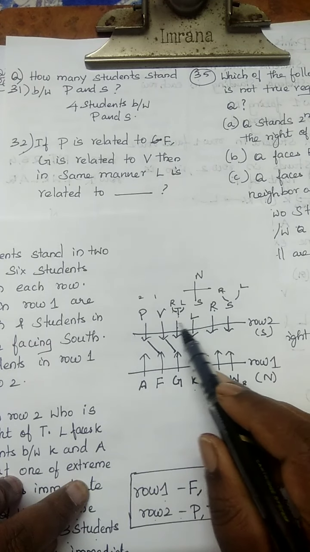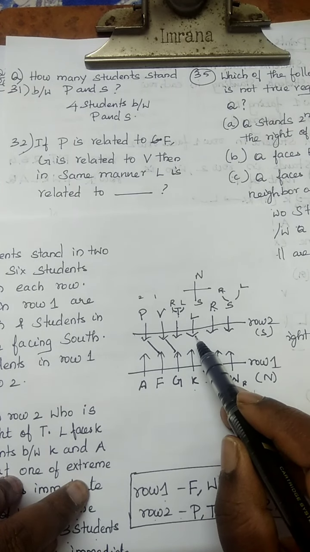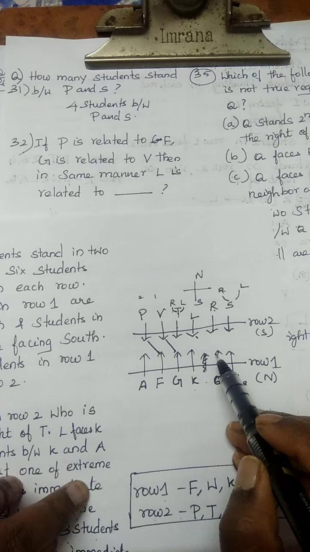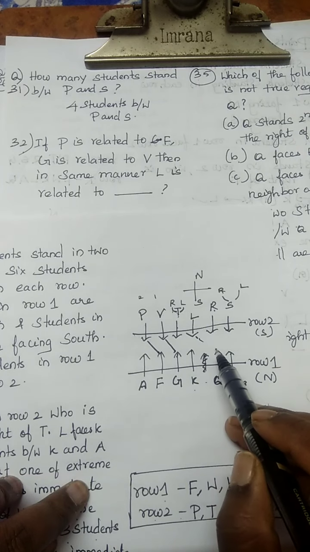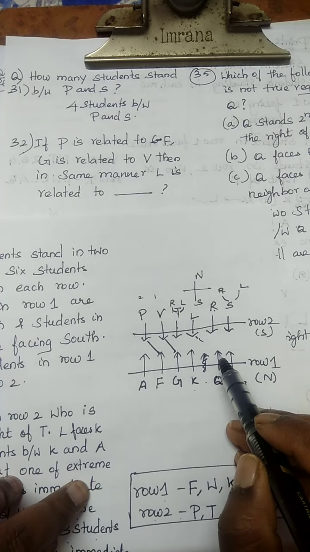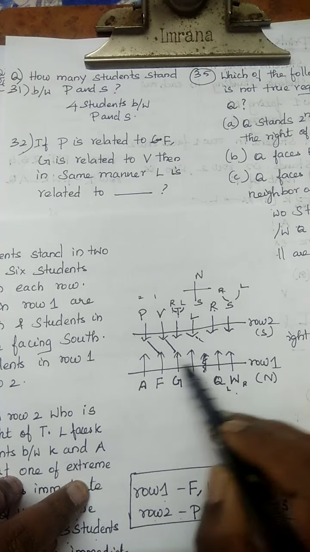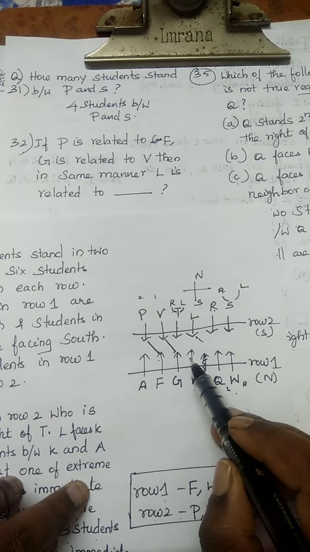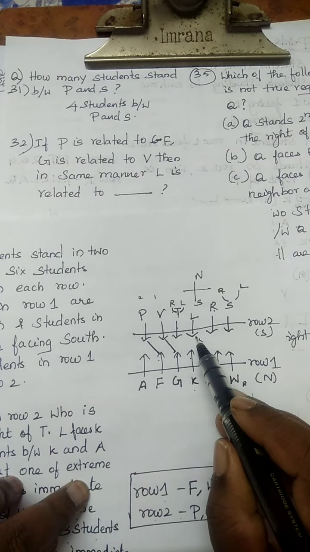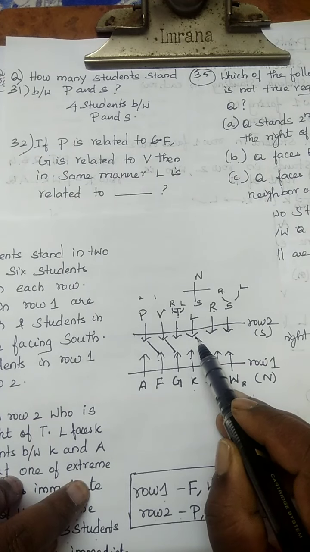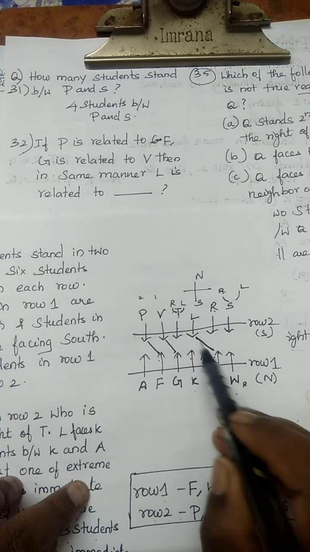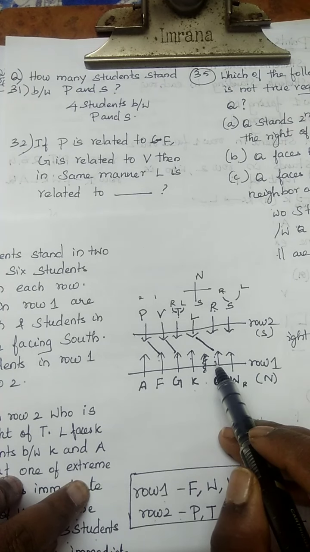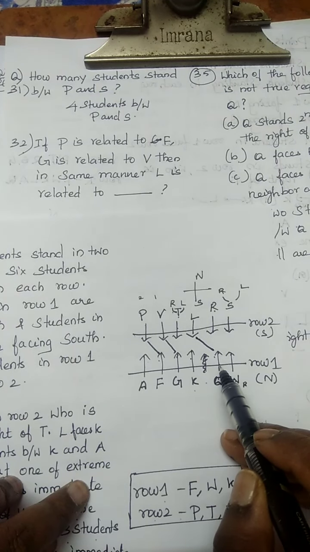1, 2, 3, 4. So 4 in row 2 to second in row 1. That means 1, 2, 3, 4, 5. Sorry, 4 in row 2 to 5 in row 1. That means L is related to Q. Am I right?